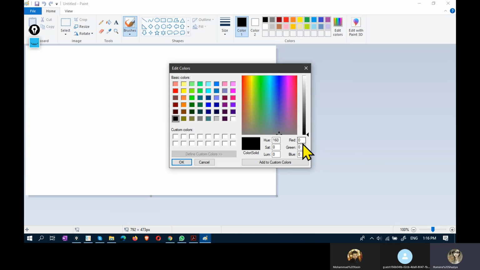If I give green as some value, and blue as some other value, you get, look at here, this is the generated color. When red is 0, green is 10 and blue is 89, this is the generated color. If I add some portion of red, 120, look at here, this color has changed.